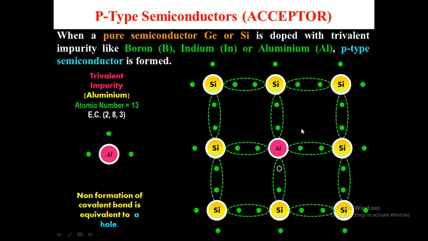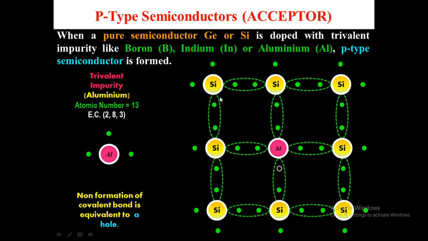When the electron is released from that covalent bond, a hole is formed again, but this hole is formed without the generation of an electron, because that electron combines with the hole already present in the silicon crystal. So again this covalent bond gets formed, and a hole is formed here without the generation of an electron.